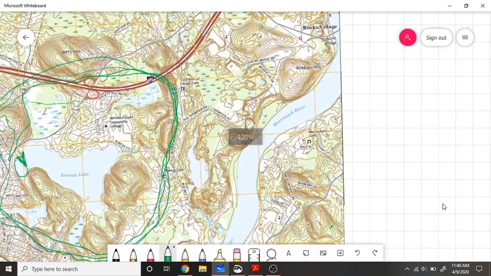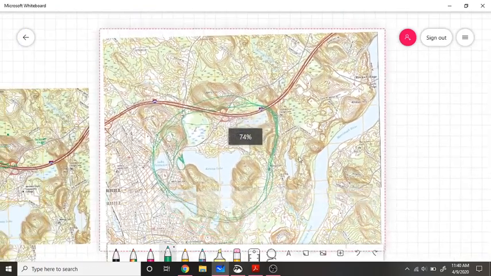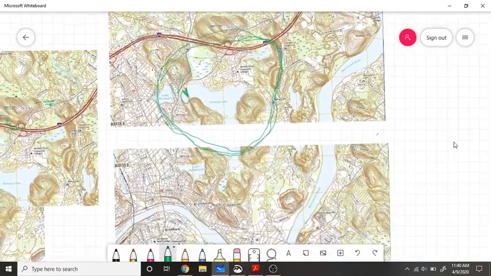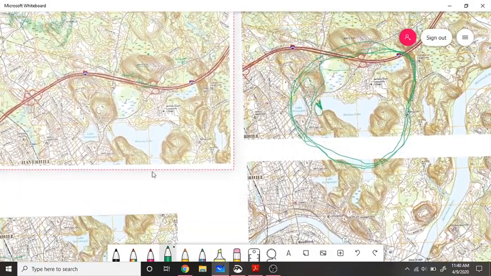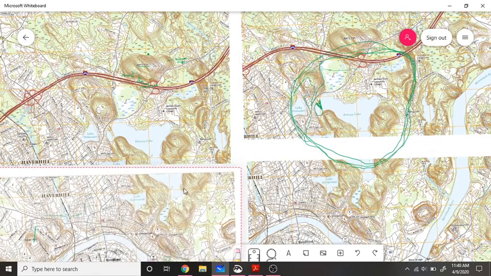So here's what I would like you guys all to do. I am going to post a picture of each part of these maps so you can see there are 4 of them.